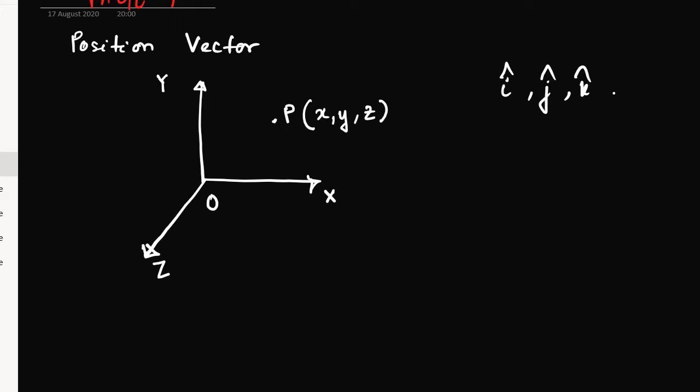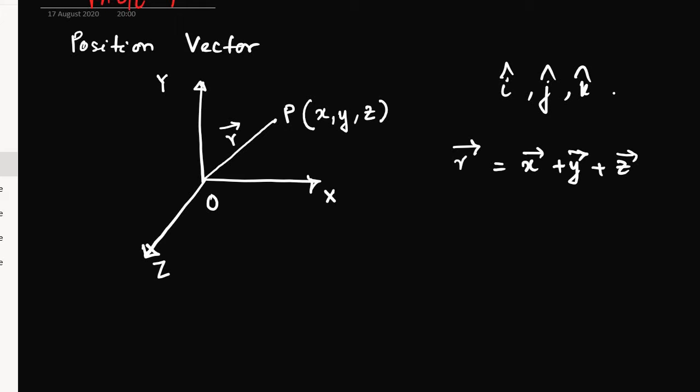First of all, I will draw a line from the origin to the point itself, and I will denote it as r vector, which is basically the displacement vector. I will come to that later on, but before that, this r vector would be x vector plus y vector plus z vector. That's correct.